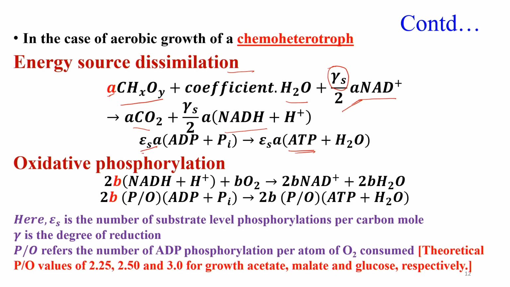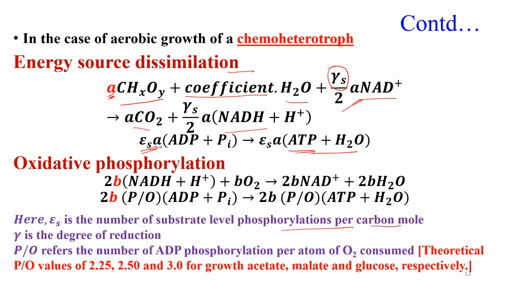and in addition you see one more term, that is epsilon S. It says the number of substrate level phosphorylations per carbon mole. So, depending on the moles of carbon, A, this becomes epsilon S A. This much ADP is converted to ATP during this oxidation process. For the water, why are we writing a coefficient? Because there is no significant change in the stoichiometric coefficient of the water molecule.